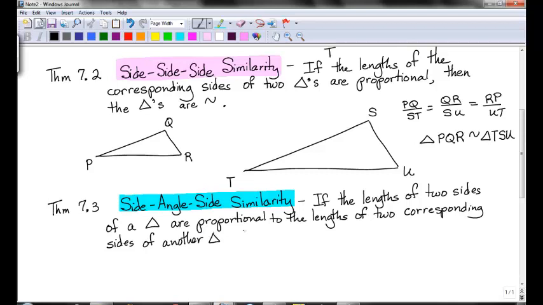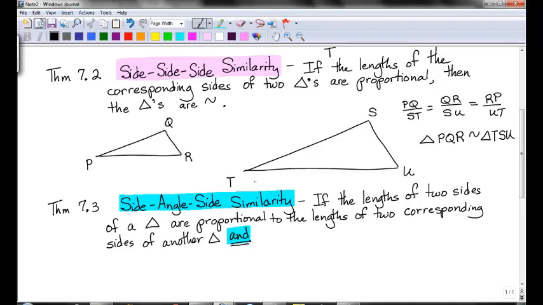Okay, if the lengths of two sides of a triangle are proportional to the lengths of two corresponding sides of another triangle, and now I would double underline that, highlight that. Remember an "and" statement? For this to be true, both parts have to be true.